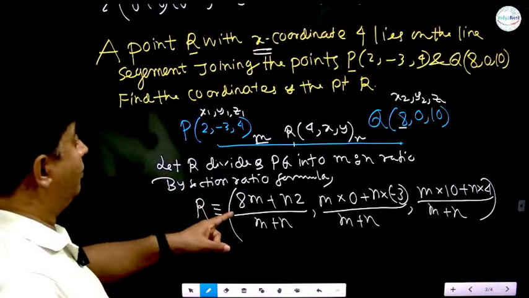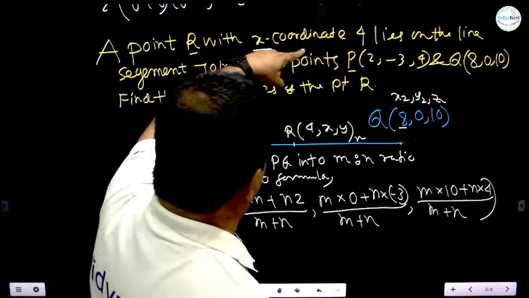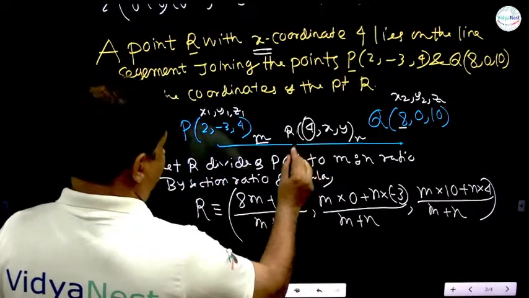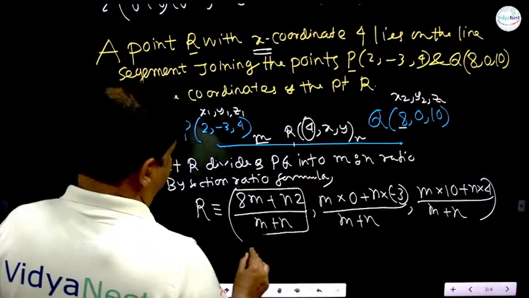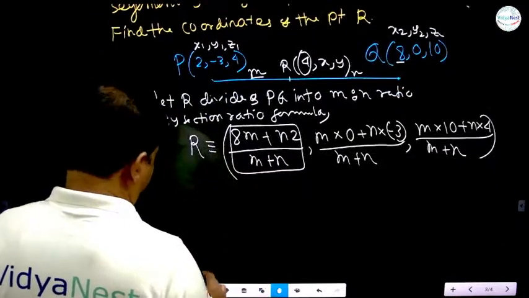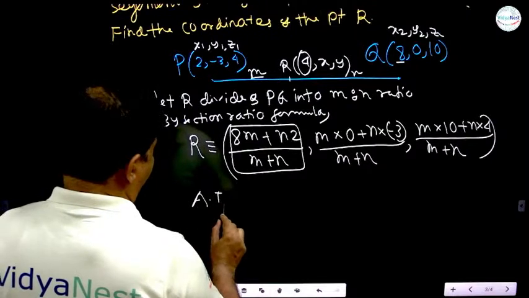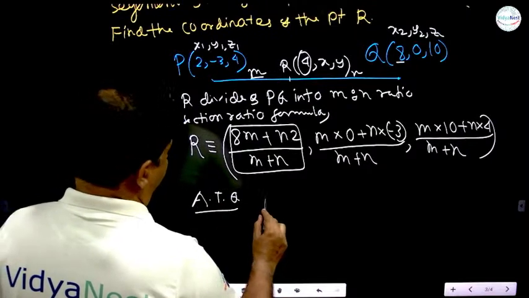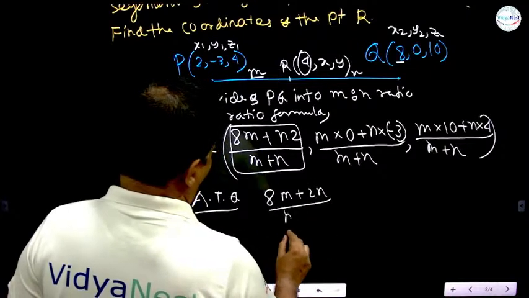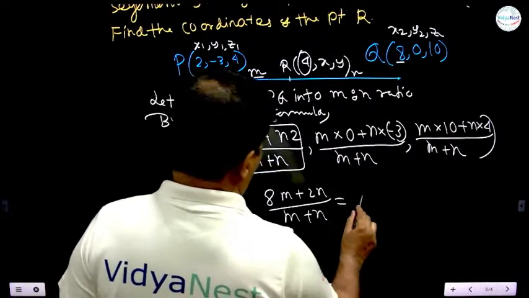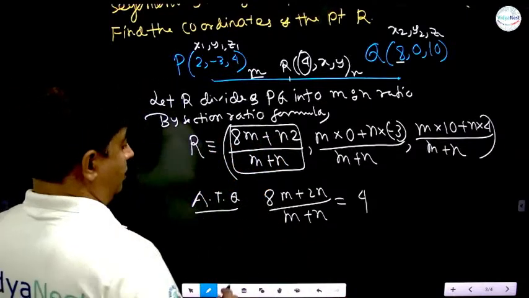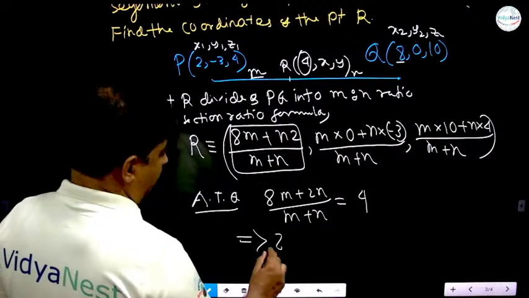Now, according to the question, this x component is 4. So you can write, according to the question, (8m plus 2n) by (m plus n) is equal to 4. Once you get that, you have nothing to do but cross multiply.